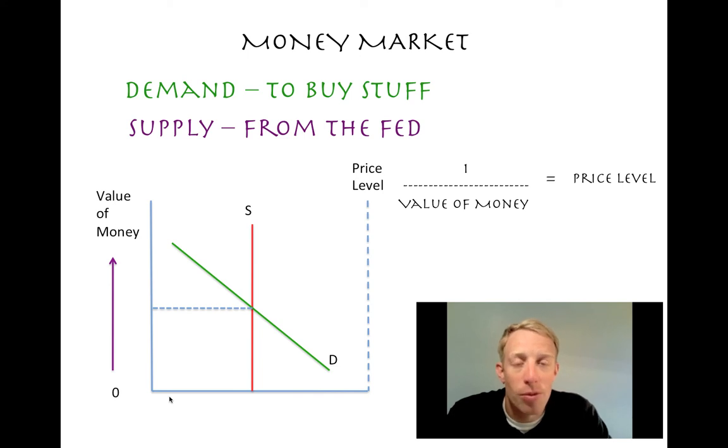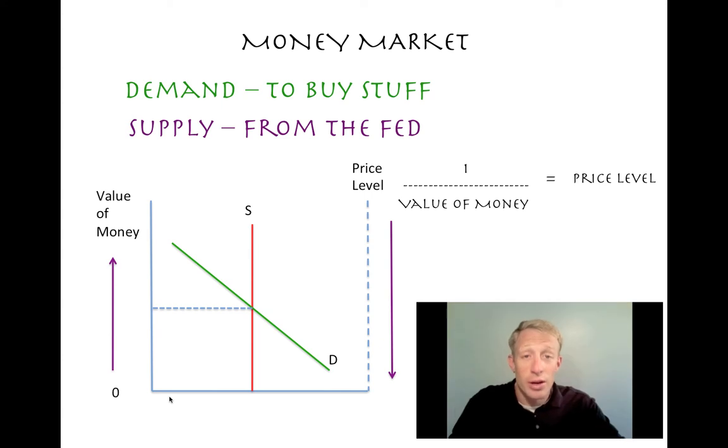At what we would think would be low levels, that's actually a high price level. Because as the value of money goes down, the price level, the prices you have to pay, go up. And as we move up the axis, the price level is actually falling. It goes in the opposite direction because it's the reciprocal of the value of money.